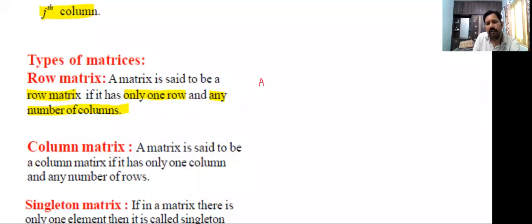See one example here: a matrix 1, 2, 3, 4. How many rows are there? Only one row. And how many columns? 1, 2, 3, 4, so 4 columns. So 1 by 4 is the matrix order.